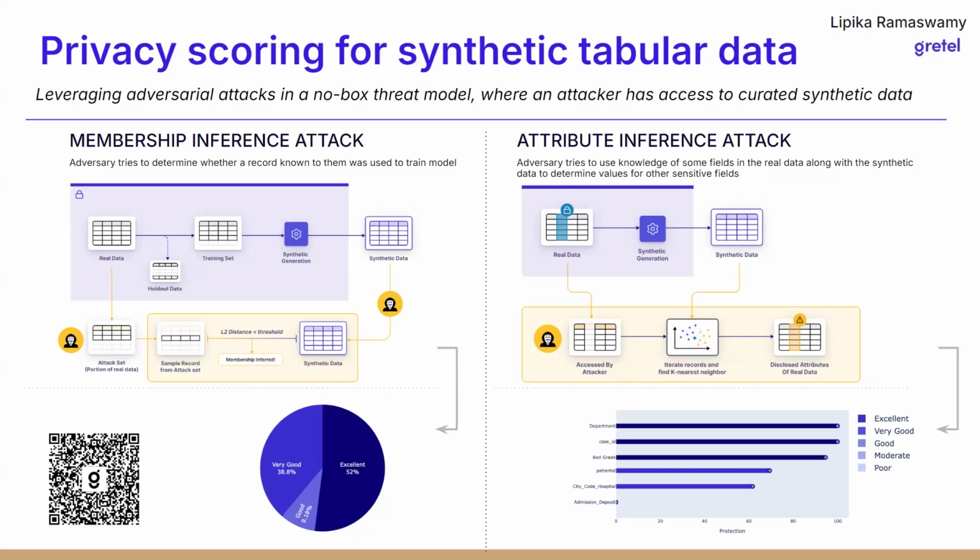In the membership inference attack, very quickly, we assume that the attacker has some subset of a real data set. They also have some synthetic data that's been generated based on this real data or some subset of it. And they go through line by line on the data set that they have, and compare that to the synthetic data set.